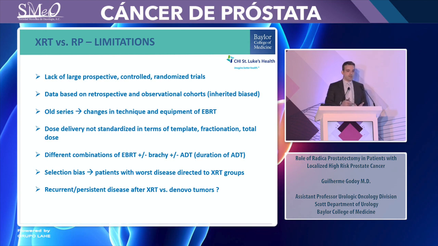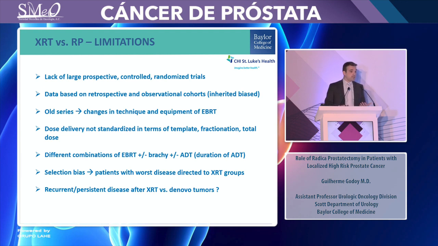There's dose delivery that is not standardized in all those patients, that may be affected by the template that might have been changed or updated, the fractionation, total dose. There are also different combinations, external plus or minus brachy, plus or minus hormones, and also duration of hormones. If that's not standardized across the board, you're going to see differences in the results.